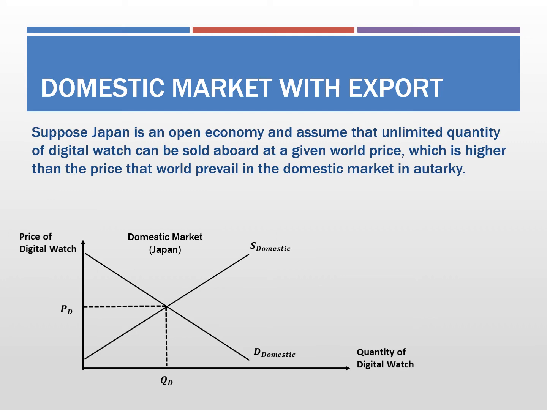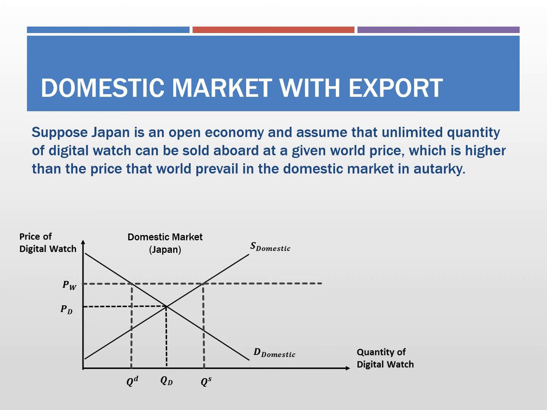By looking at the graph here, we are showing you the domestic supply and demand in the Japan market. Let's say there is an equilibrium for the domestic market in Japan, which is PD and QD. And we are putting the world price into our graph to indicate what happened to digital watches selling in the world.